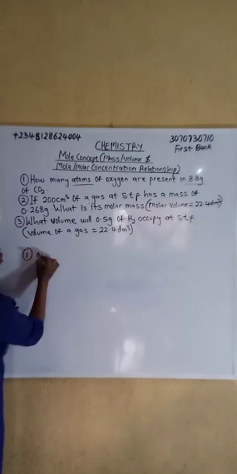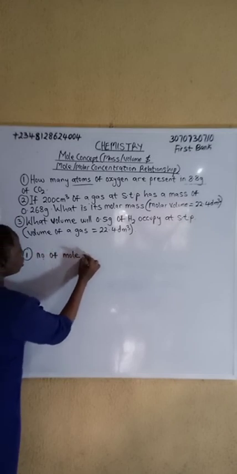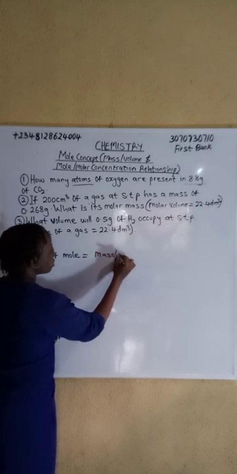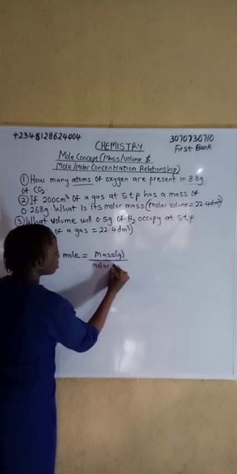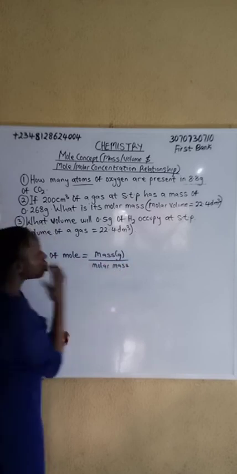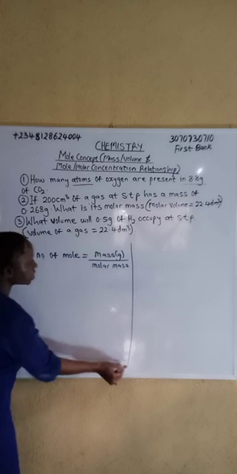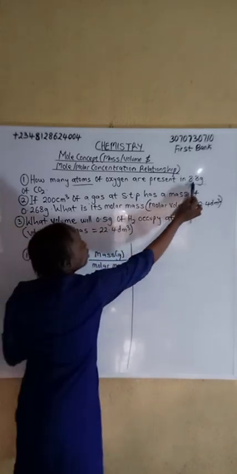The number of mole is equal to mass in gram divided by the molar mass. Then they've given us the mass of carbon 4 oxide.